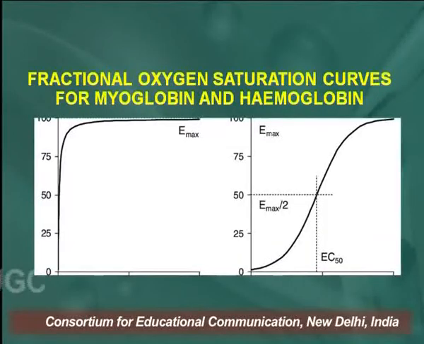Now, these are the fractional oxygen saturation curves for myoglobin and hemoglobin. The first curve on the left hand side is a partial pressure versus concentration oxygenation curve for myoglobin, and the second curve, which is on the right hand side, is the curve for hemoglobin, and the explanation for these particular curves goes as following.